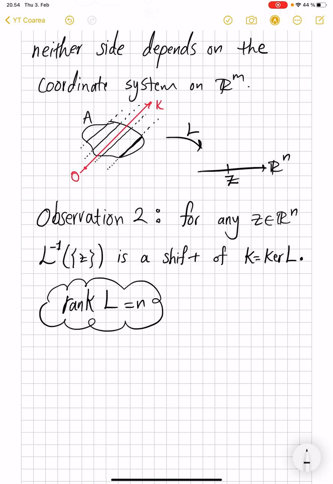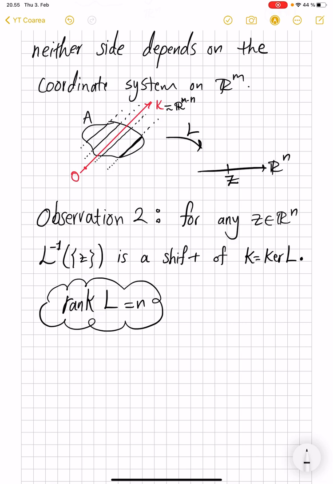The case where rank is strictly less than n can be directly handled, so I leave it as an exercise. You have to prove that those integrals are 0, which is quite easy. So throughout I will have this assumption. So this K will be m minus n dimensional, because the image of the linear map has dimension n, the maximum possible. So exactly an m minus n dimensional space is mapped to 0 by L.